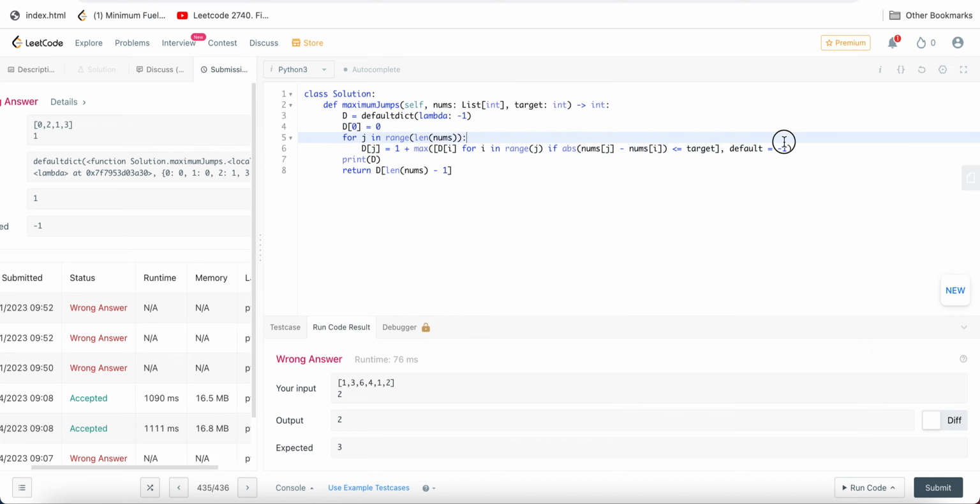So we can only make this work if the value is good, but also D of I has to be greater than or equal to 0.